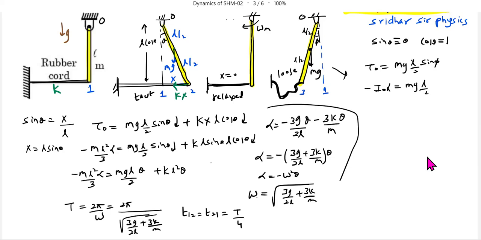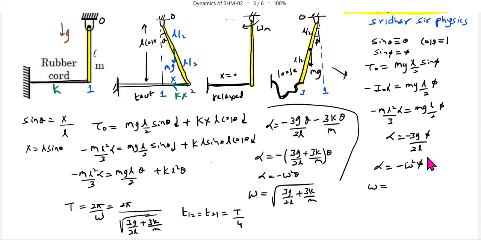Equal to mg L by 2. For small angular displacement, sine phi will be phi. Moment of inertia of rod ML square by 3 alpha equal to mg L by 2 into phi. Alpha equal to 3g by 2L phi, so omega equal to root of 3g by 2L, and the time period will be 2 pi by root of 3g by 2L.